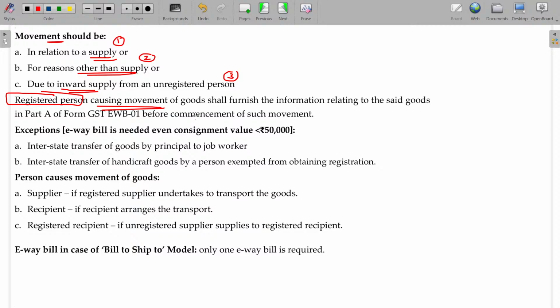The one who is responsible for moving the goods is responsible for preparing the e-way bill. Furnish the information relating to the said goods in Part A of Form GST EWB-1, before commencement of such movement.